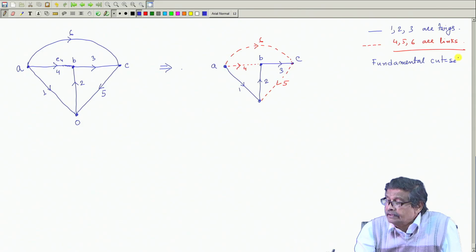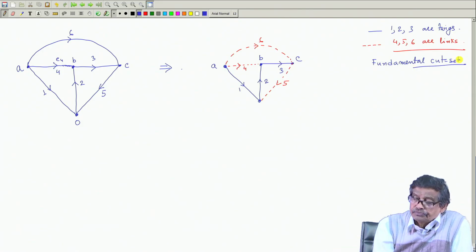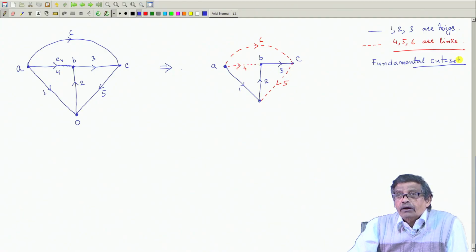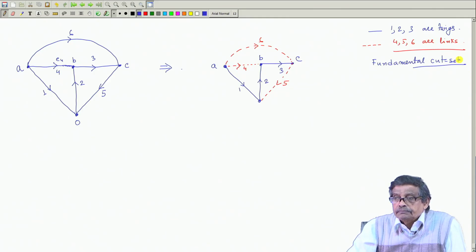Fundamental cut sets are those lines which will break the network into 2 parts, where there will be one and only one twig present.